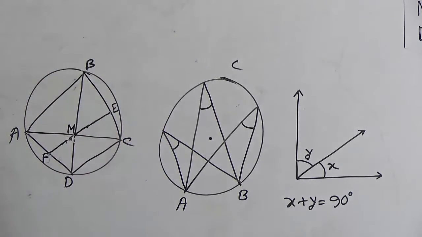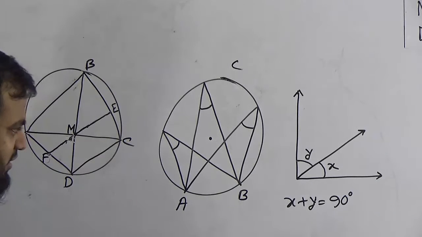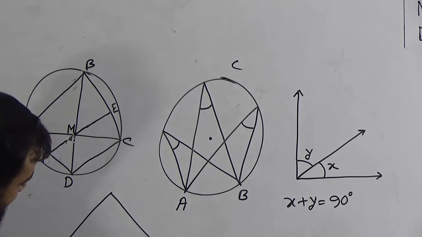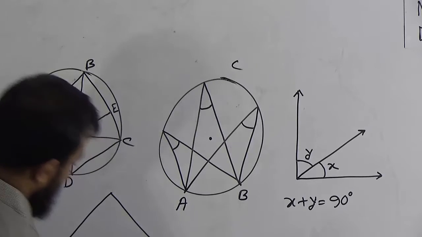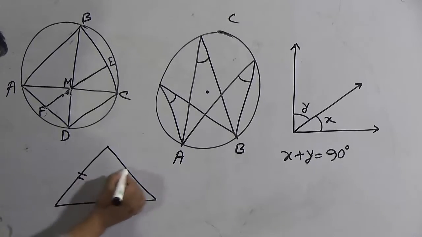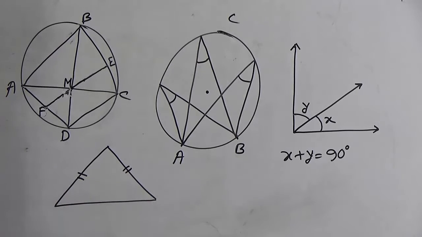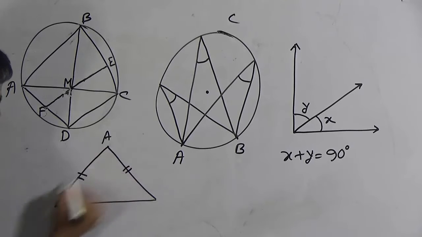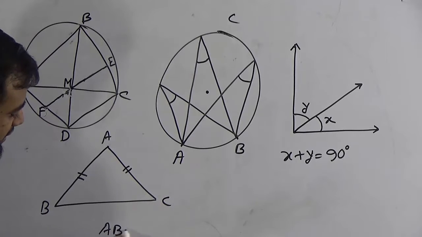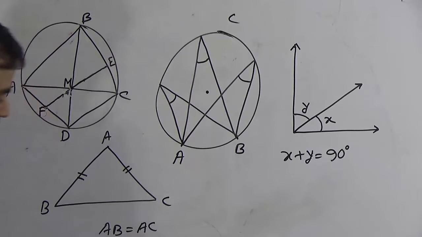And another concept I think I need to discuss now. If in any triangle two sides are equal, then the opposite angles of these two equal sides are also equal. Suppose ABC is a triangle, and AB and AC are equal here.